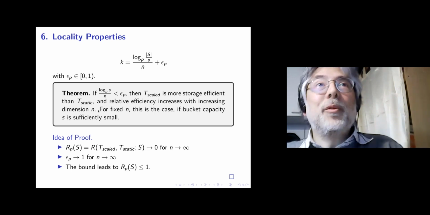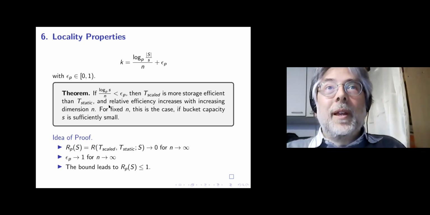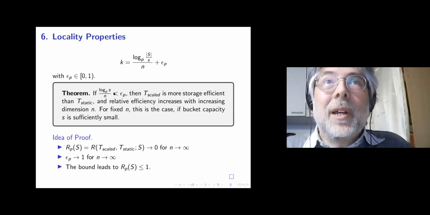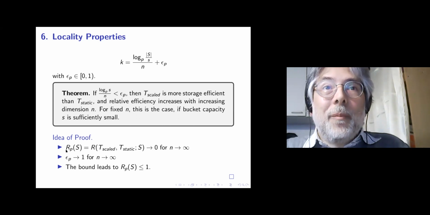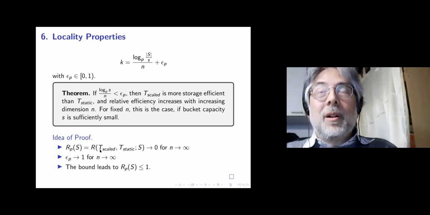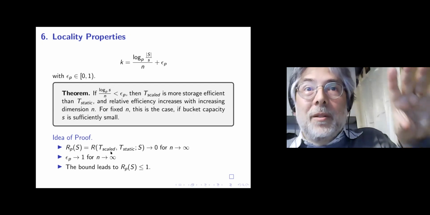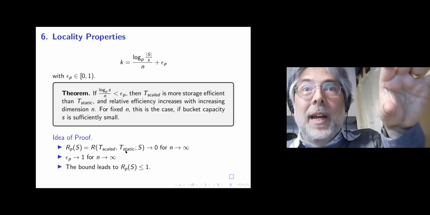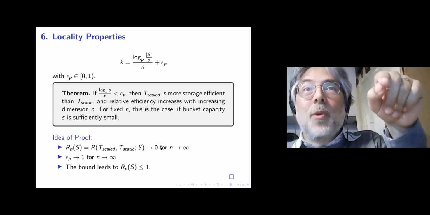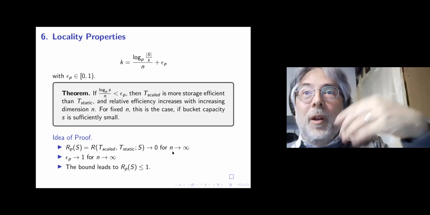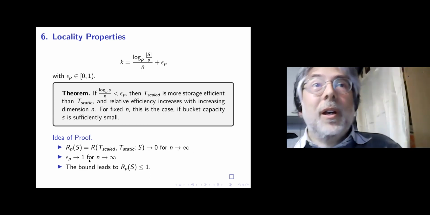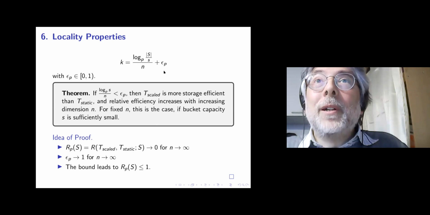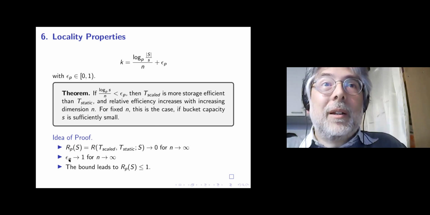So the idea of the proof of this theorem is: what is the meaning of these numbers? You have the ratio of these omega between the t scaled and t static. It tends to 0 for increasing dimension, and this little epsilon converges to 1 for n to infinity.